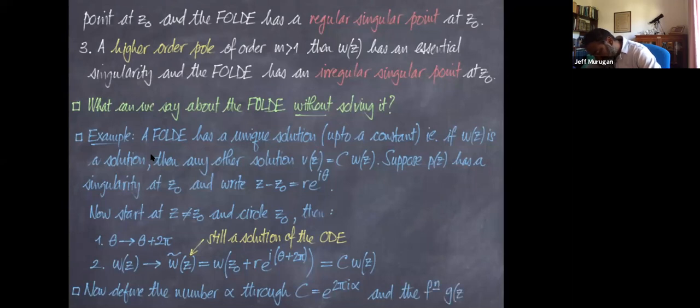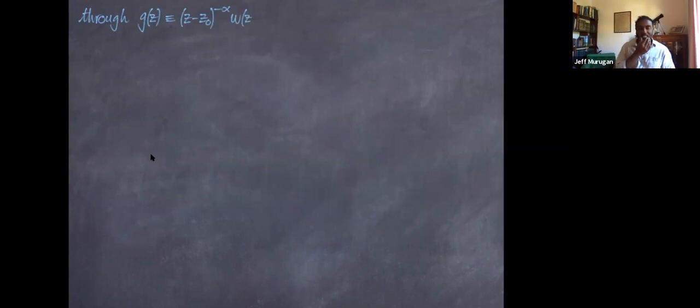And I'm going to define the function G of Z through G of Z equal to (Z minus Z naught) to the minus alpha times W of Z. All right, the three lines there mean definition.